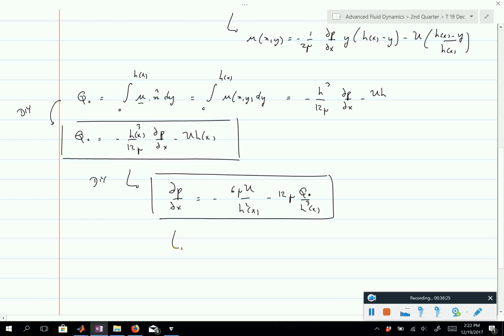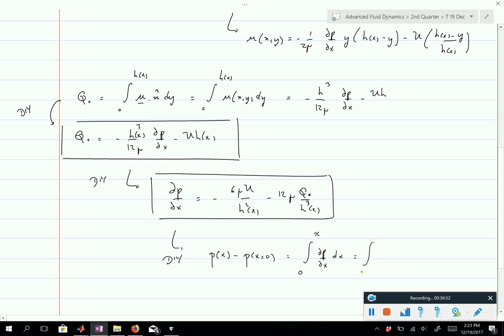And now to get to p, you need to also integrate. So if you want to know p at x minus p at x equals 0, which is what we might know, P0, this is going to be the integral from 0 to x of partial p, partial x dx.